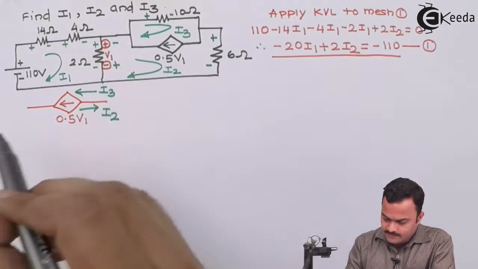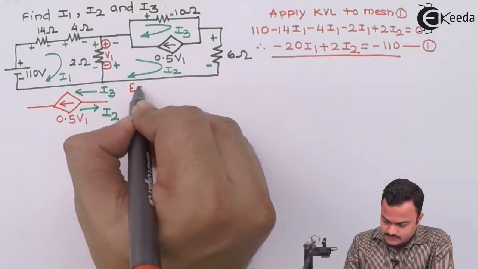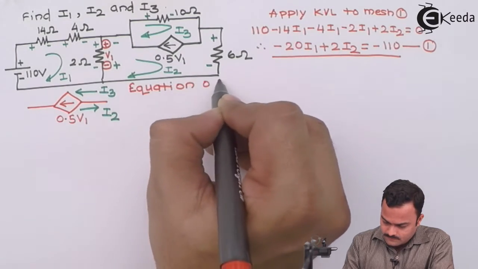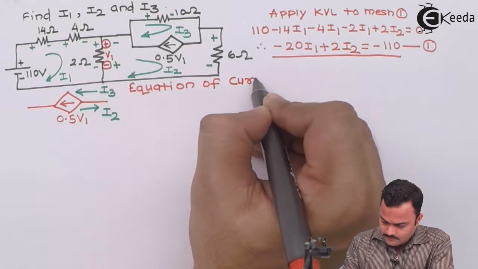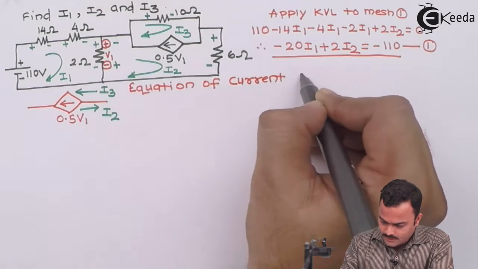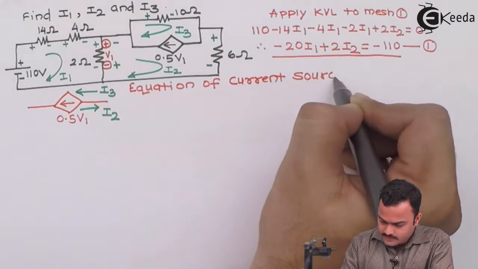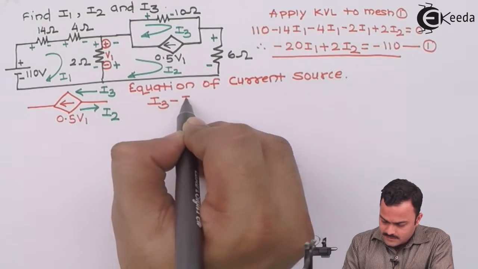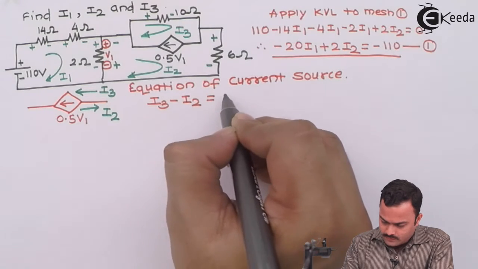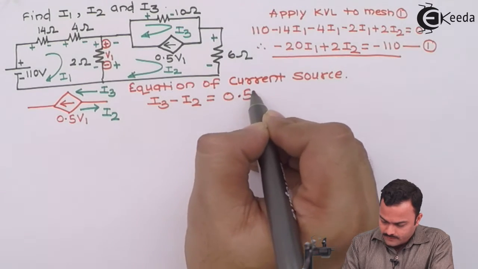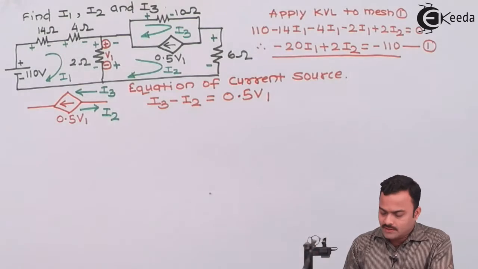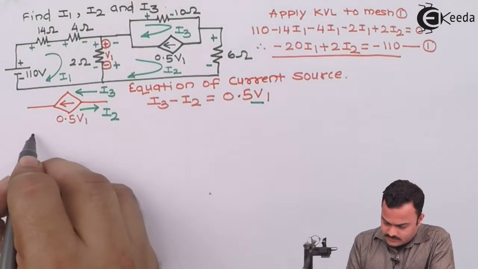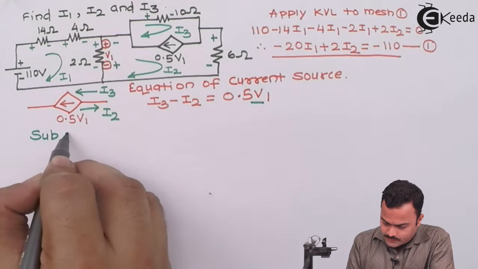So what I can do, I can write the equation of the current source. So if I write the equation of the current source, it will be I3 minus I2 equal to 0.5 V1. So this introduces a new variable V1 which requires substitution. So we have to write a substitution equation also.